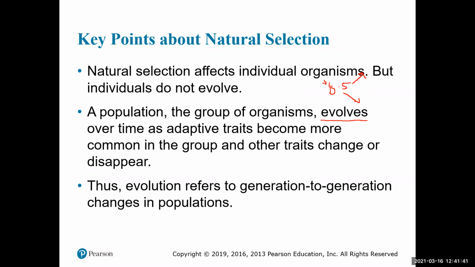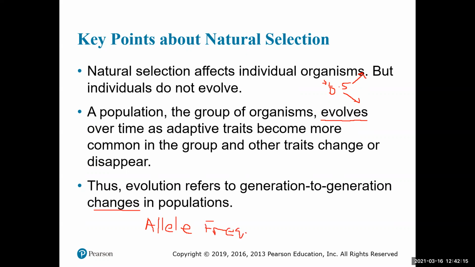So the individual is responsible for housing and passing on those traits, but the population evolves because the frequency of those traits change in the population over time. And that's basically what the definition of evolution is. Evolution is referring to that generation to generation change in populations. And more specifically, it's the allele frequency that changes.